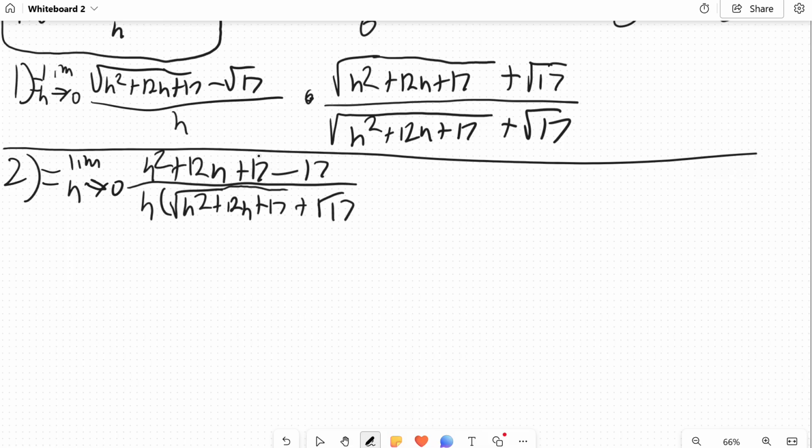Also, sorry, I flipped this 17 and this 17, but it's the same whether it's negative 17 or positive 17 because they both cancel out.